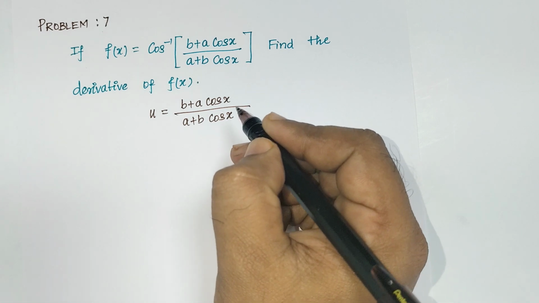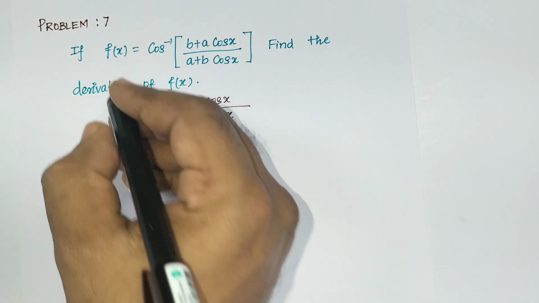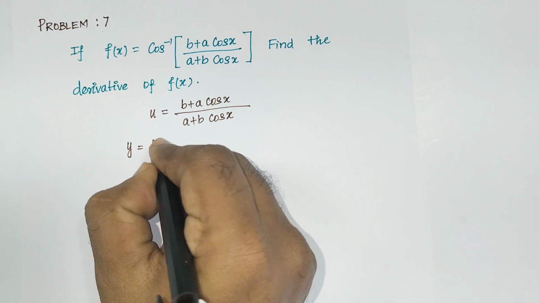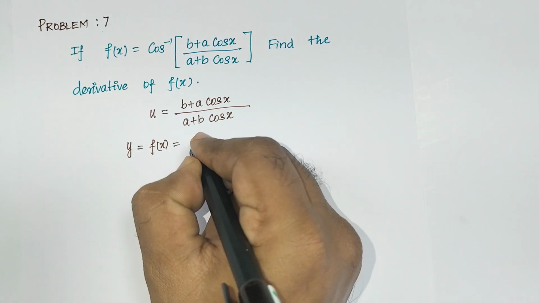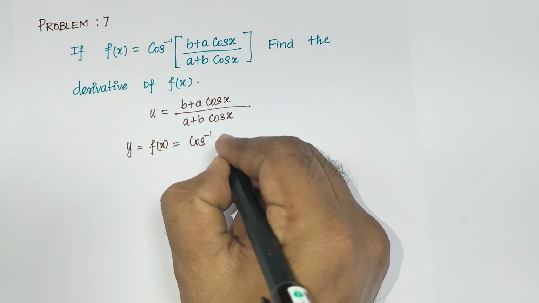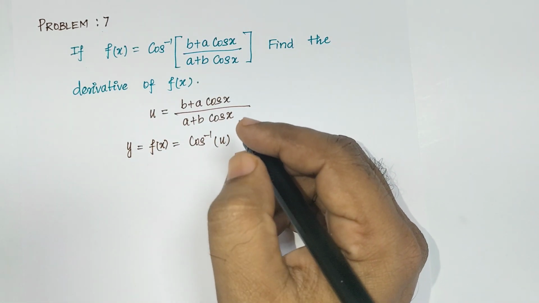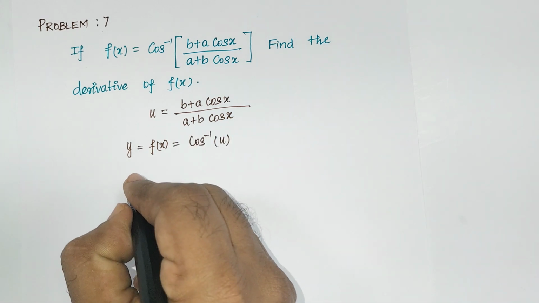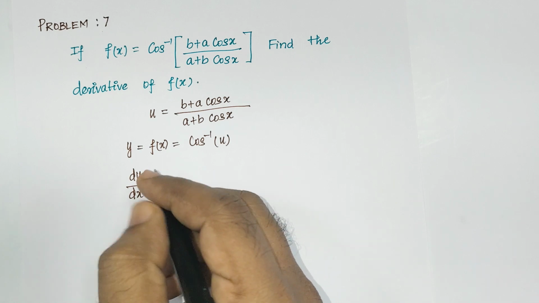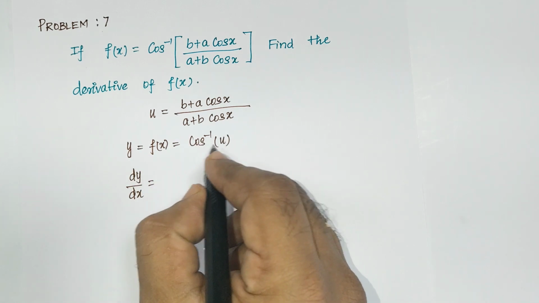And I'll write this f of x as y equal to f of x. Both are the same. And cos inverse of this whole value I'm going to write as cos inverse of u. We have to find the first derivative dy by dx, which equals the derivative of cos inverse of u.